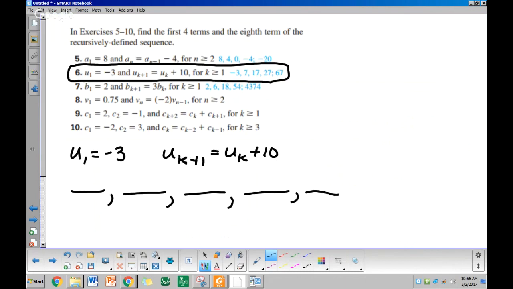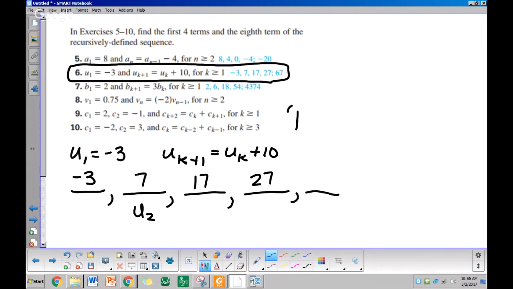This is a recursive definition because it depends upon the term before it. I'm starting at -3, but if I want u sub 2, I take u sub 1 and add 10. So this would be 7, 17, 27. You see, that's a recursive definition.